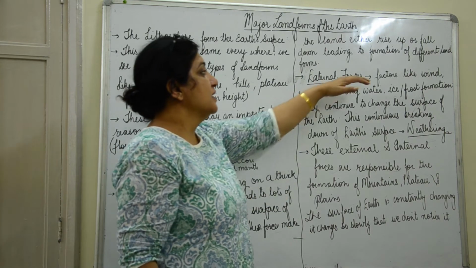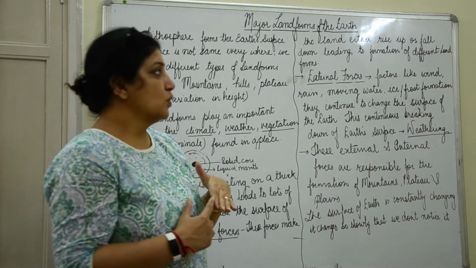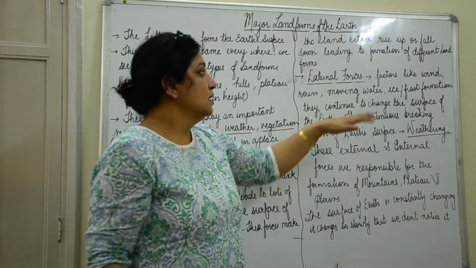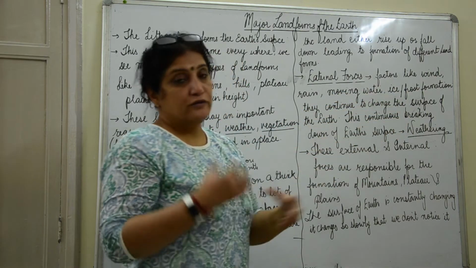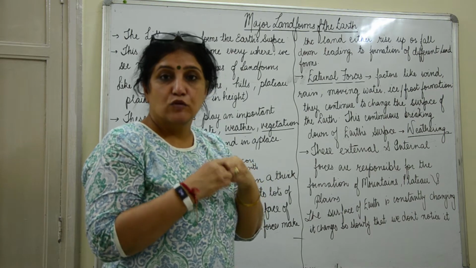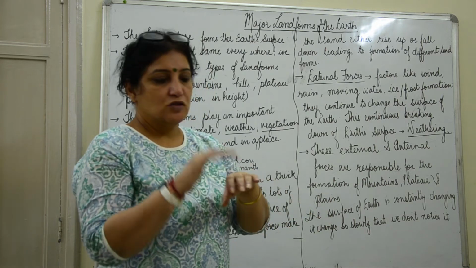Then we have the external forces, in which you have factors like wind, rain, moving water, ice, or frost formation. You know, some early morning dew gets frozen, so that's called frost formation. They change the surface of the earth.